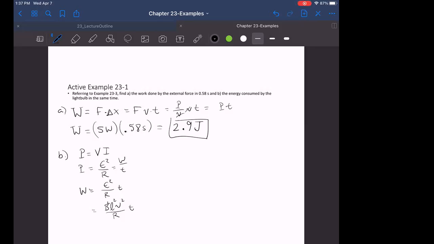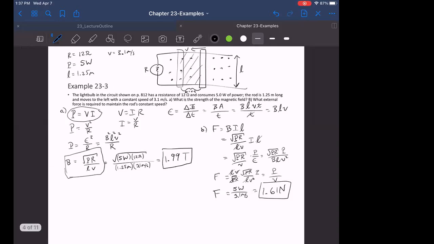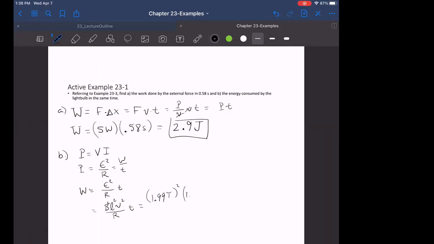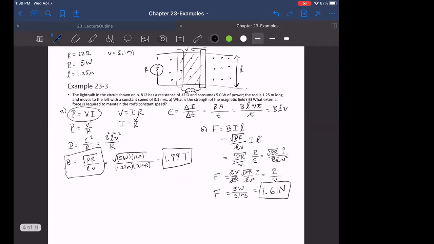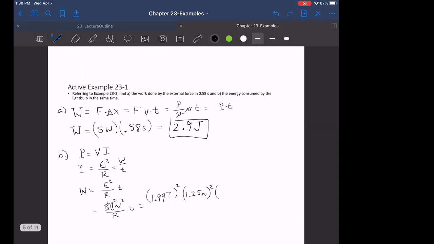So what's B? Let's plug them in. Squared times, what was L? 1.25. Speed was 3.1, is that right? 3.1 meters per second.